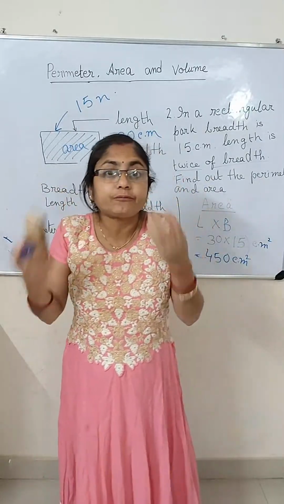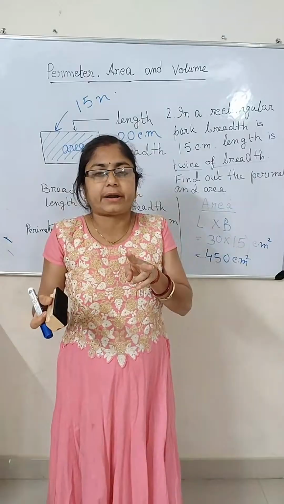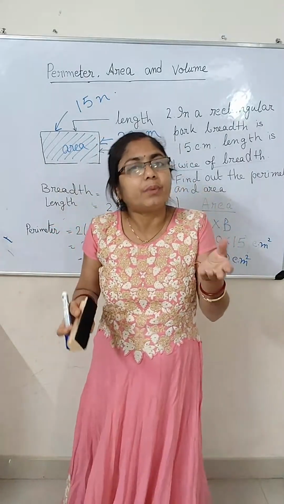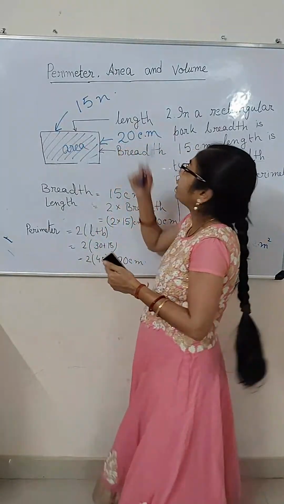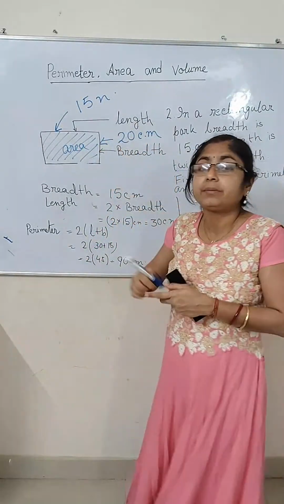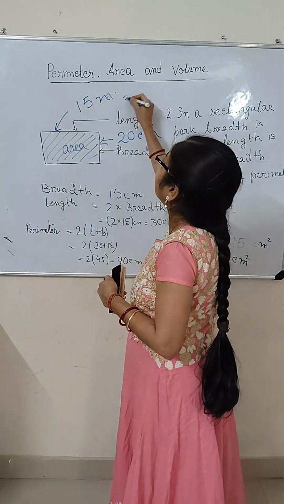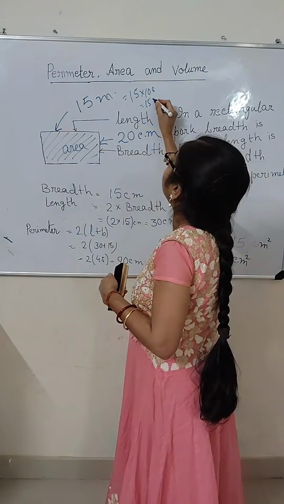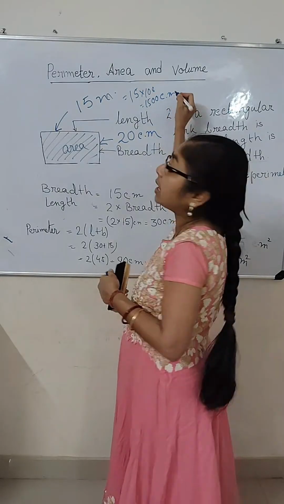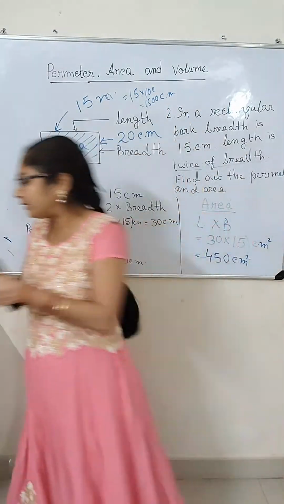They do not focus, the units are different. So all the time please change the unit to the smaller unit. Here there is 20 centimeter and there is 15 meter. So you convert it. 15 into 100 means 1500 centimeter.